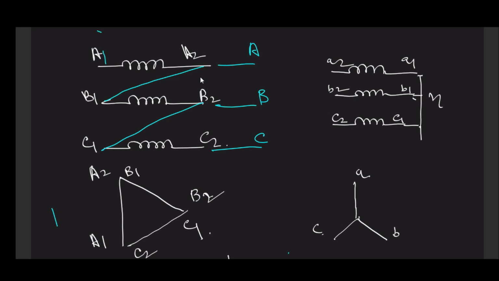Now again, this is your A, B, C. So just like the previous one, draw the star inside this delta whose line voltage is equal to the delta phase voltage, and you will see that the primary is leading the secondary by an angle of 30 degree.